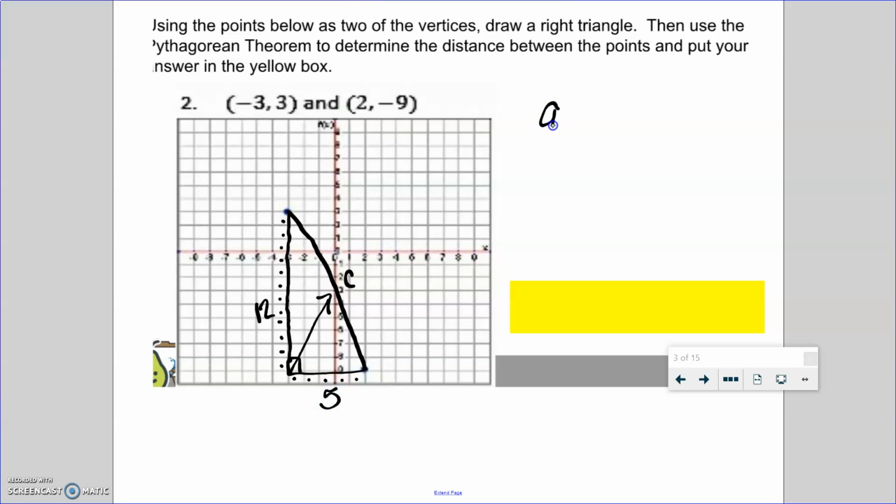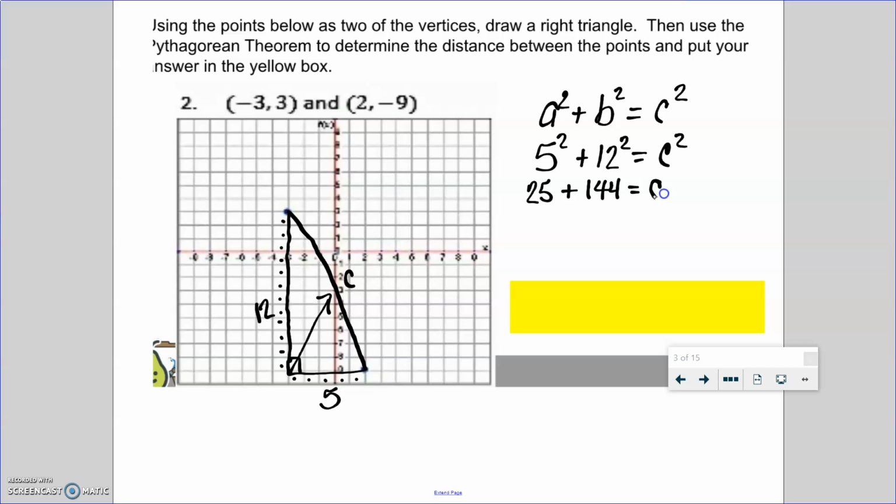So once again, our formula is a squared plus b squared is equal to c squared. A is 5. B is 12. So 12 squared, we're substituting in our values, okay? 5 squared is 25 plus 144 gives us c squared. 25 plus 144 gives us 169.